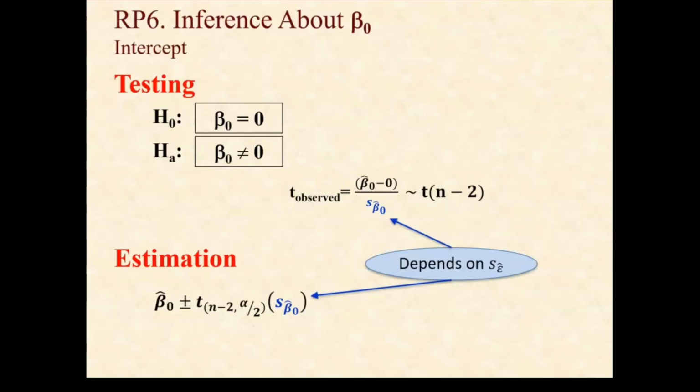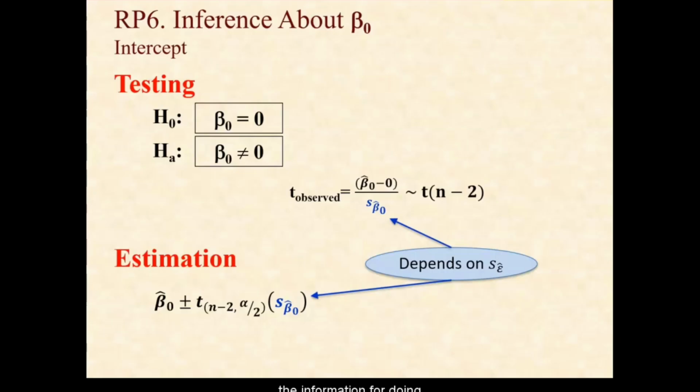As shown, we can do inferences about beta naught. The beta 1 hat terms in the formulas here just get replaced by beta naught hat. We can test whether beta naught equals 0 and we can calculate a 1 minus alpha times 100% confidence interval for beta naught as shown.